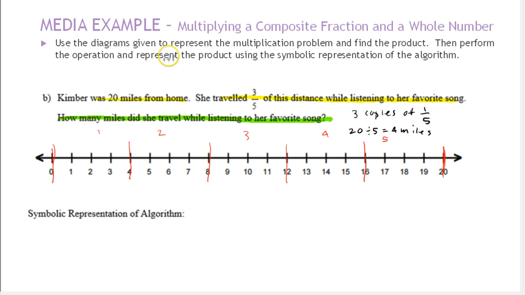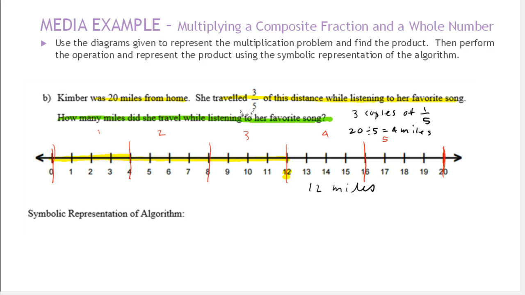But now we want 3/5 of this distance, or 3 copies. So let's use the highlighter. So not just 1, 2, 3. So this would be a total of 12 miles. So we'll put 12 miles.